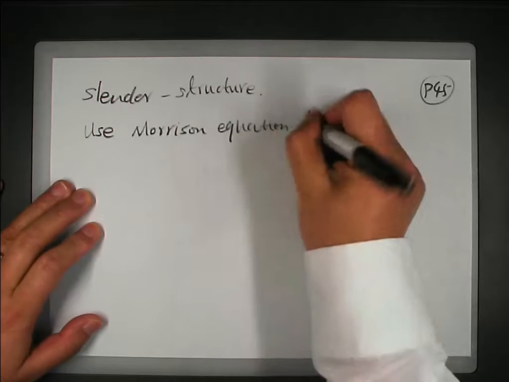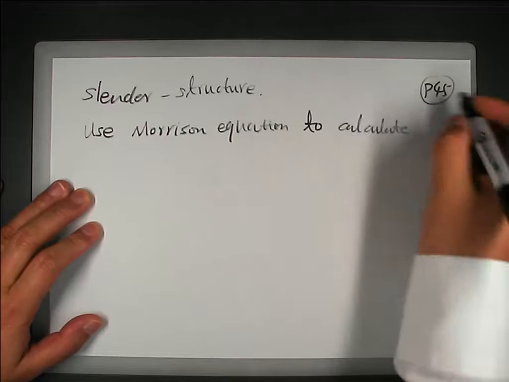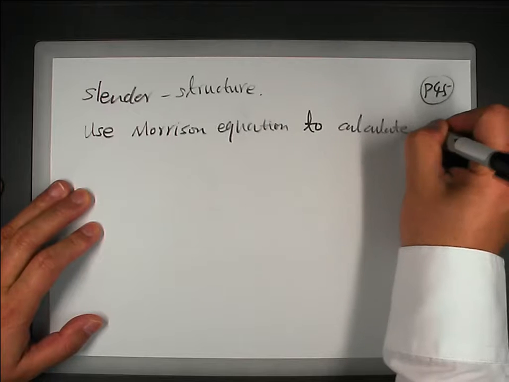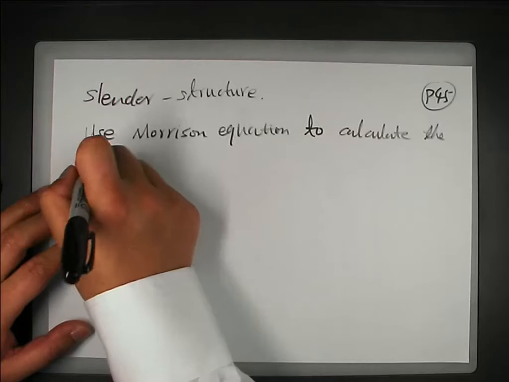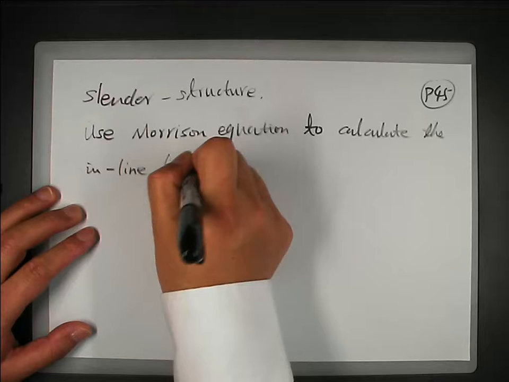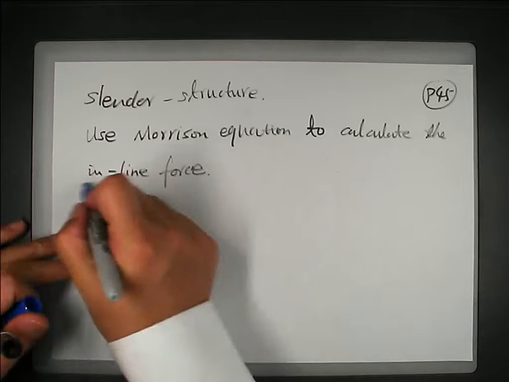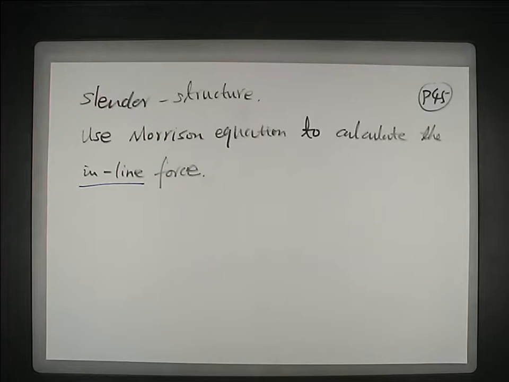We use the Morrison equation to calculate the inline force acting on the structure. Remember this, it is only the inline force. What does inline force mean? What does inline direction mean?